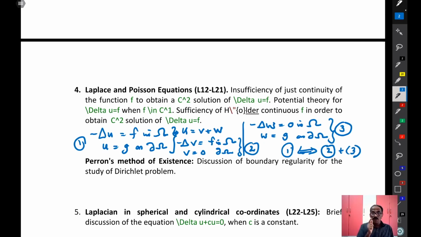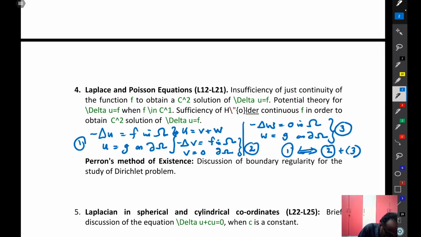And that also in a very special domain. When omega is a ball or an upper half plane, we have introduced the Green's function and we have solved it.